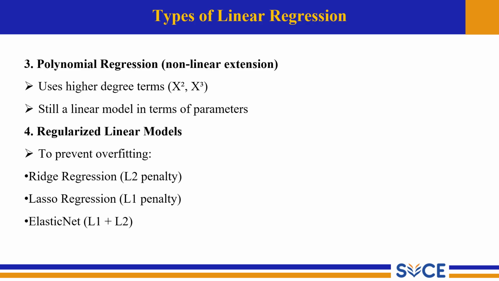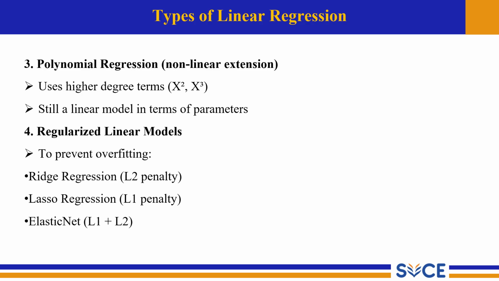These extra terms allow the model to fit curved patterns in the data rather than just straight lines. The interesting part is that even though it models nonlinear relationships, it is still considered a linear model because the parameters, the coefficients we learn, remain linear in form. This makes it both flexible and computationally manageable.